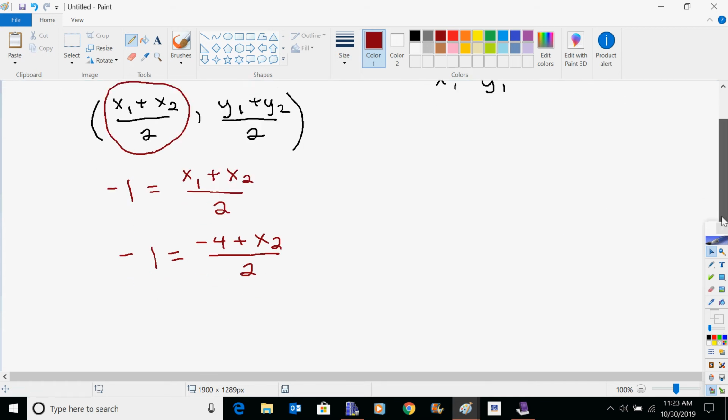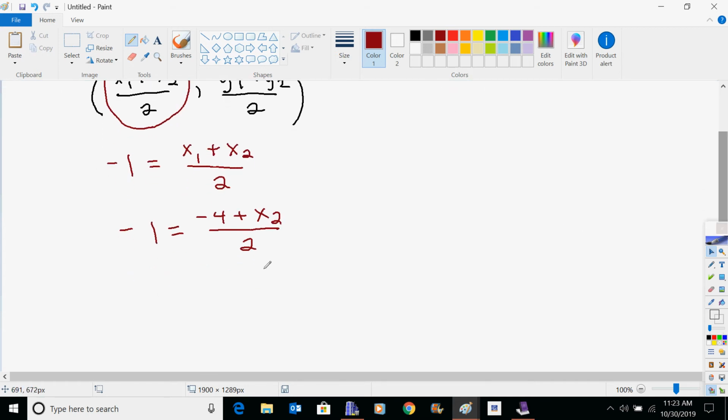So we're going to solve this. Now this is just a little tricky algebra, but not too much. I need to get rid of this 2. This whole thing is divided by 2, so multiply. Good, good. We're going to multiply both sides by 2. When you multiply by 2, these 2's cancel out.